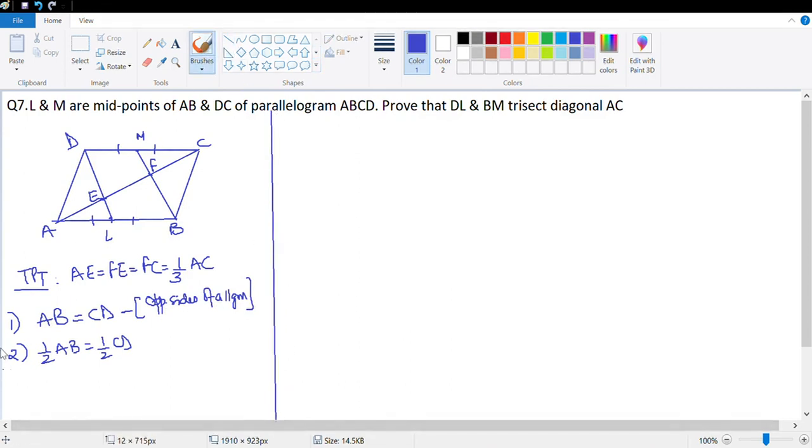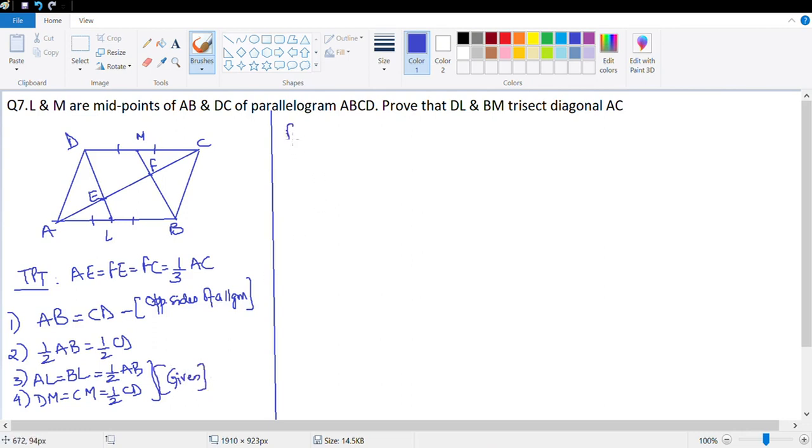So what it means is number three, AL is equal to BL, and number four, DM is equal to CM. This is given, which is half of CD, and AL is equal to BL, which is half of AB. This is given, right?